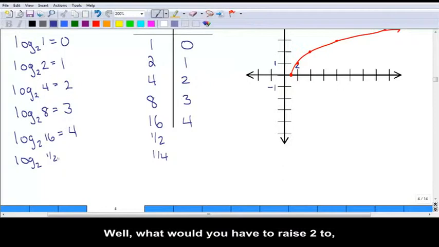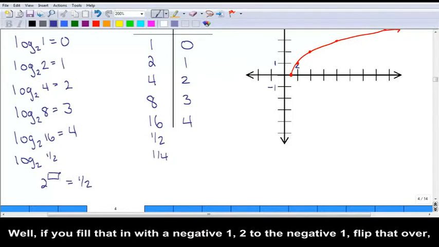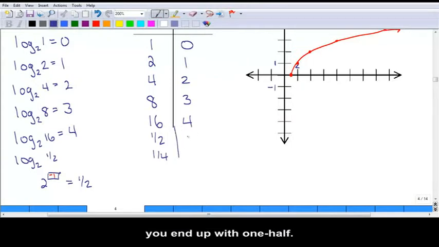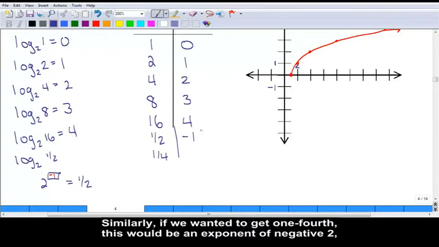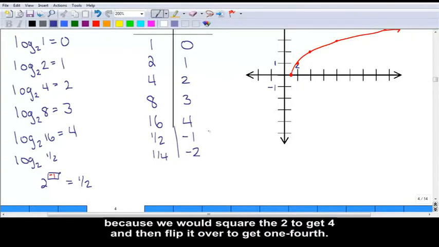Well, what exponent would you have to raise 2 to in order to get 1/2? Well, if you fill that in with a negative 1, 2 to the negative 1, flip that over, you end up with 1/2. So this would give us an output of negative 1. Similarly, if we wanted to get 1/4, this would be an exponent of negative 2, because we would square the 2 to get 4, and then flip it over to get 1/4.